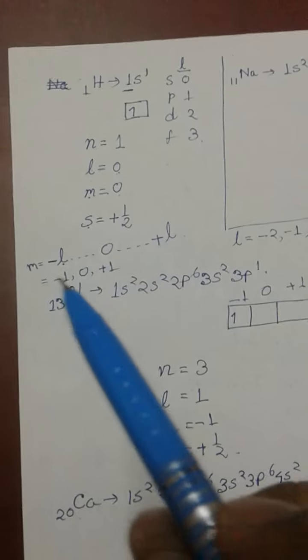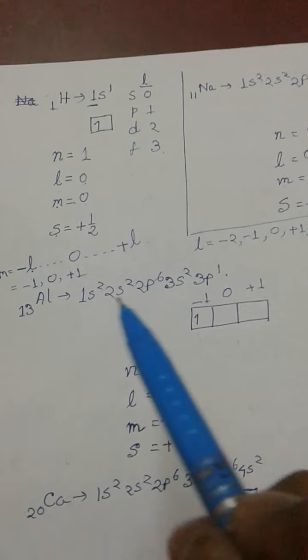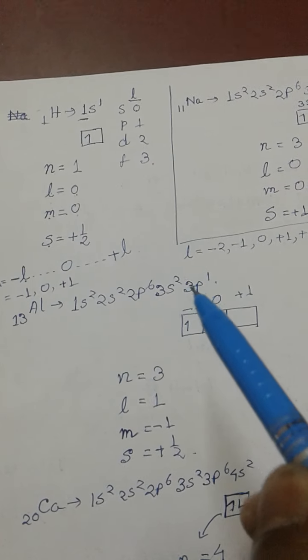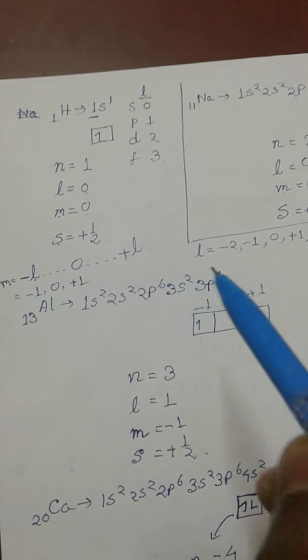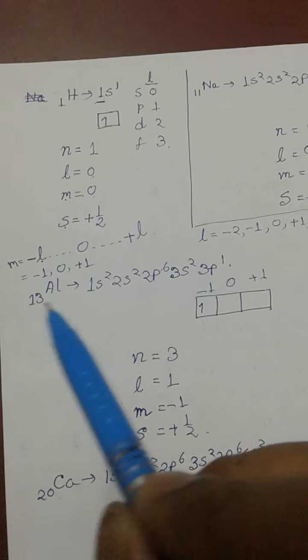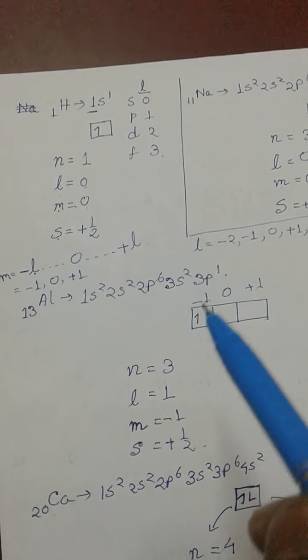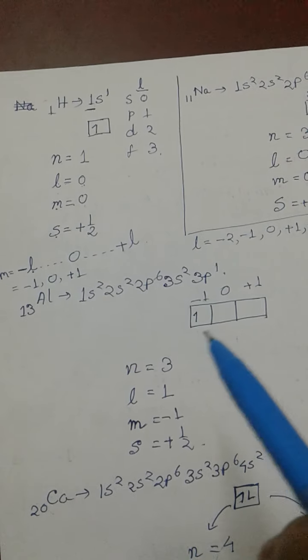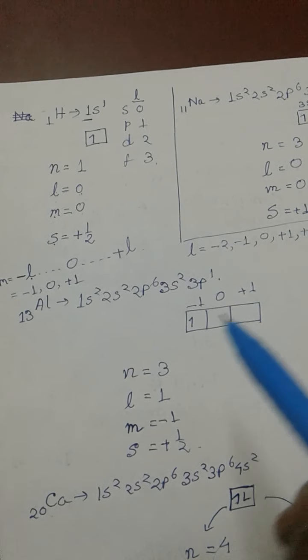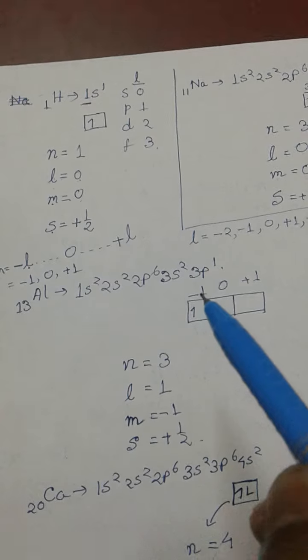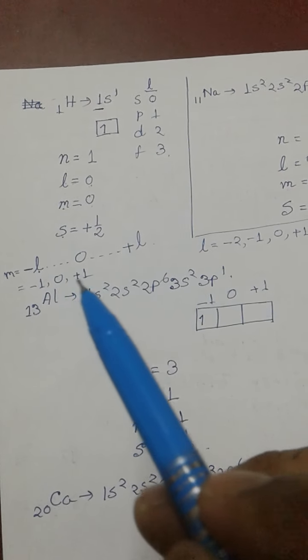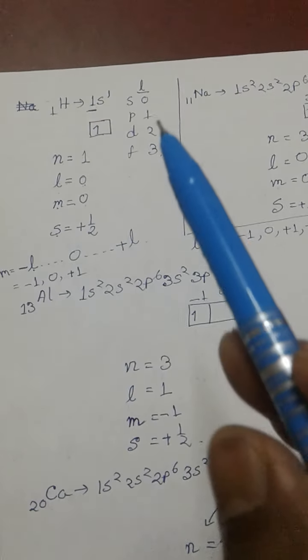Now for aluminum 13, we must write the electronic configuration here. 3p1 is the last electron present in aluminum, and for p there are 3 orbitals, so I draw 3 boxes here, and the m values are -1, 0 and +1, because the l value of p is 1.